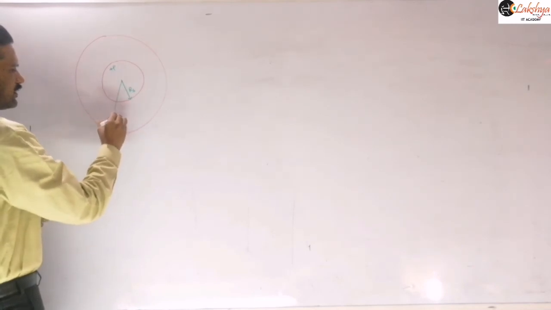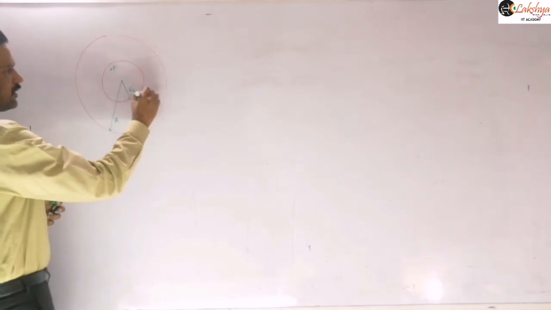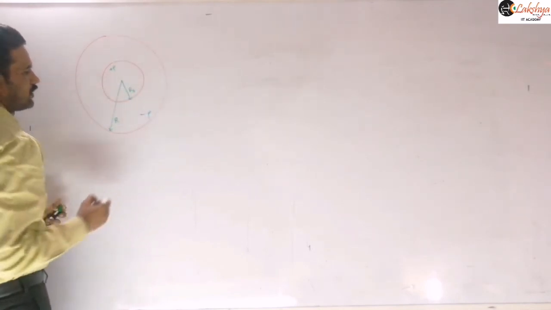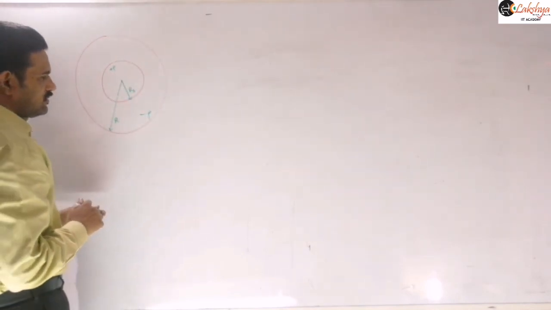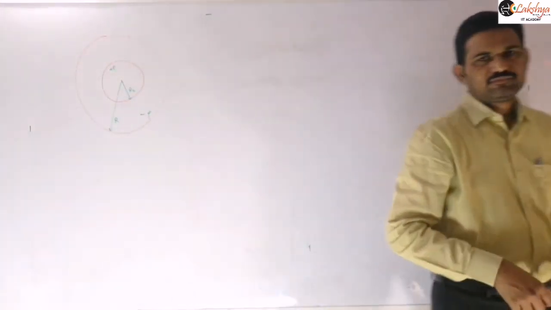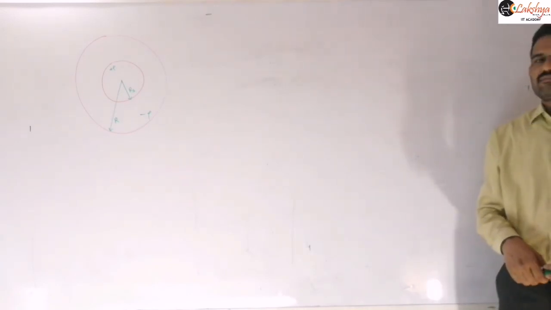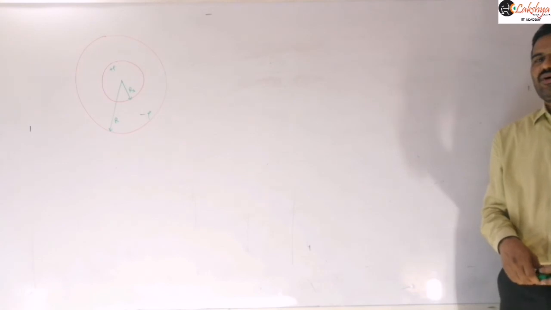And then it is having volume charge density minus rho from Rs to R.